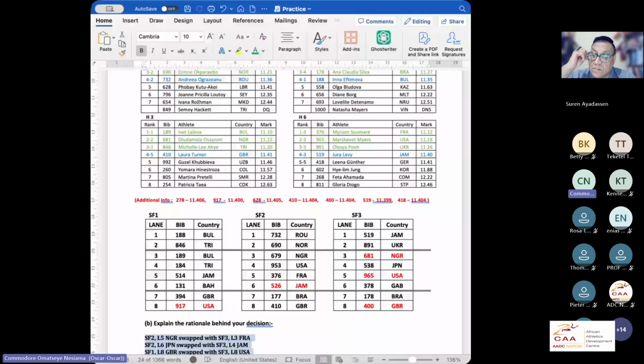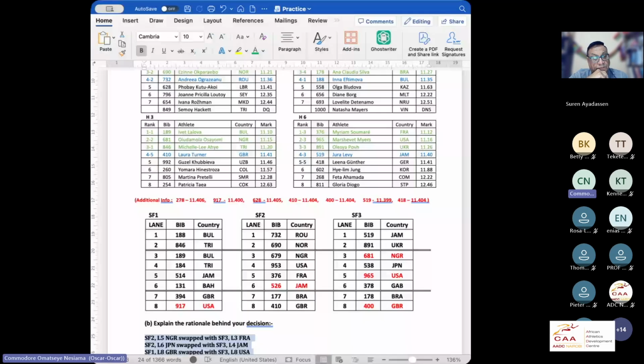I can share. For those of us that have attempted it, you discover that for semi-final 1, like our brother just said, you have 2 countries having 2 athletes in the same heat: Great Britain and Trinidad.